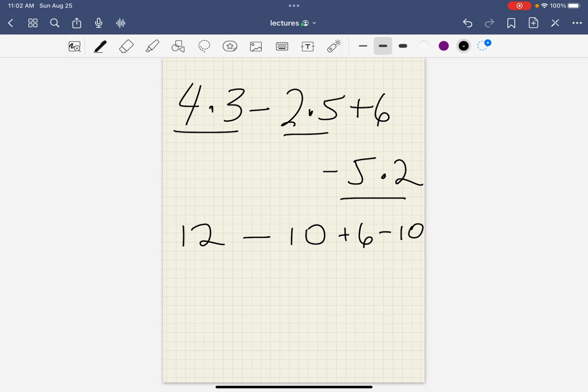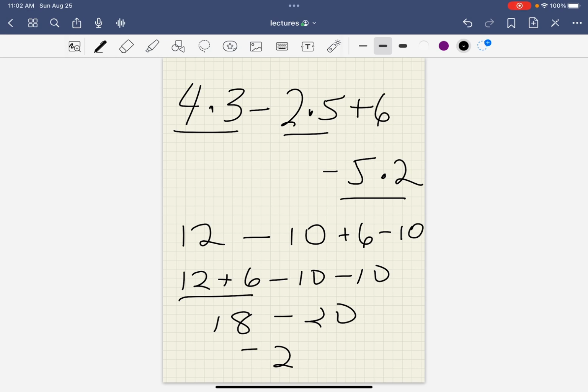So at this point, it's all just addition and subtraction. And you can do it from left to right, or you can put the positives together. 12 plus 6 gives you 18, and then minus 10 and minus 10 gives you minus 20. And we end up with 18 minus 20, so subtract, keep the sign on the bigger number, so negative 2. All right.